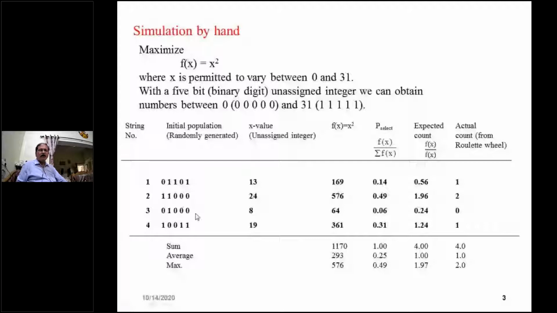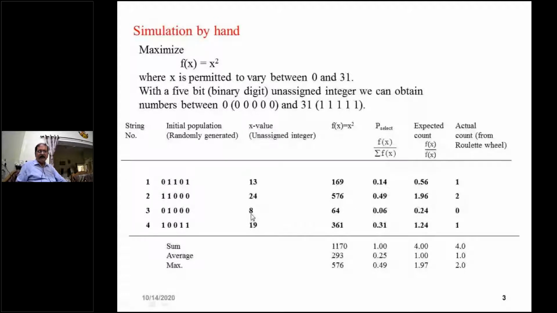Now out of these 4, in the next generation, what is the probability that they will survive or perish? That we have to see. That is known as reproduction. For the first string, 13, 169. The second string's decimal equivalent value is 24, that is 576.